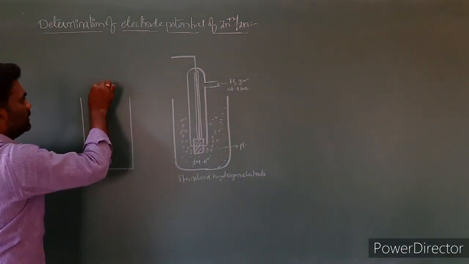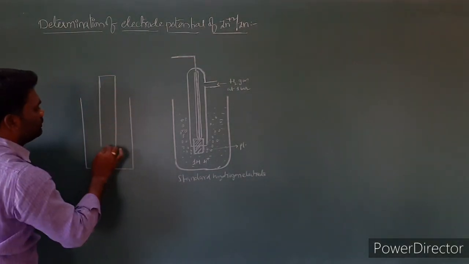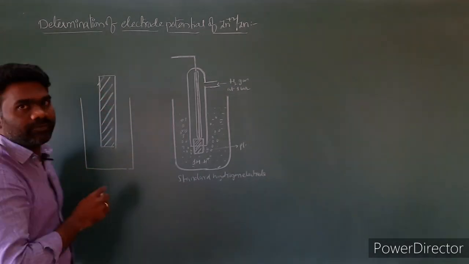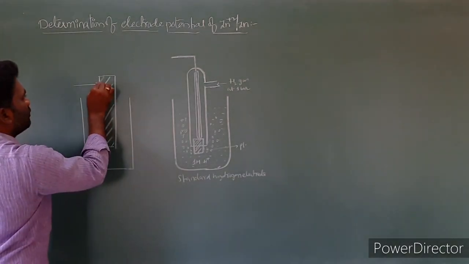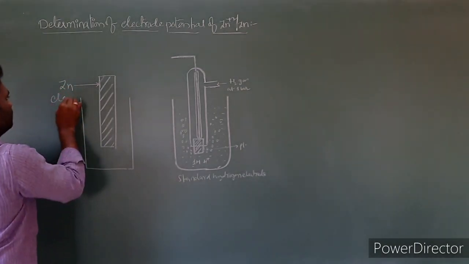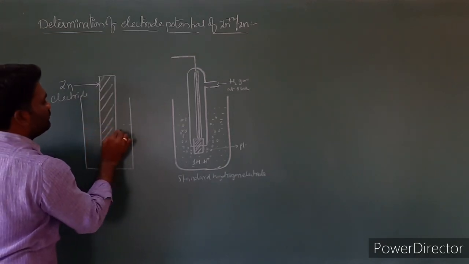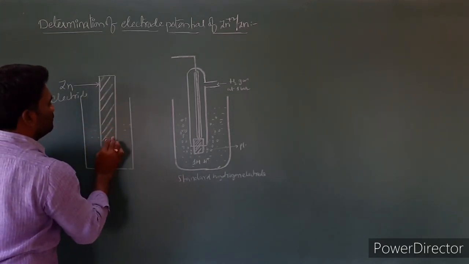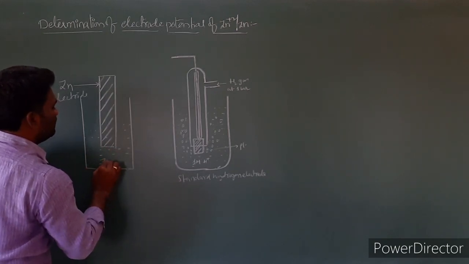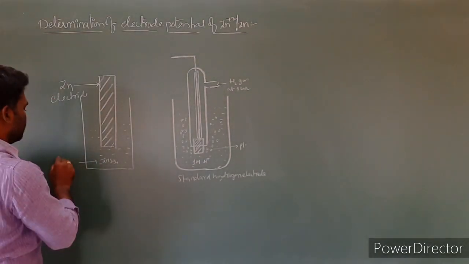In this half cell, the zinc rod is dipped in zinc sulfate solution. The zinc rod is the electrode, and ZnSO4 solution is the electrolyte.